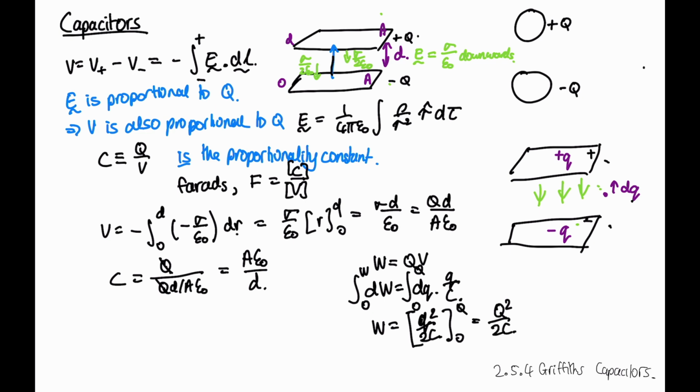So that's how we can calculate the amount of work done, in terms of Q. If we don't want it in terms of Q, the charge, we could use this expression here to replace Q with C times V. So we could also say that this is equal to CV squared on 2C, which is equal to CV squared on 2. So those are a couple of ways that we can write down how much work we need to do to charge up a capacitor. Hopefully you remember doing a bit of that in Physics 1B.